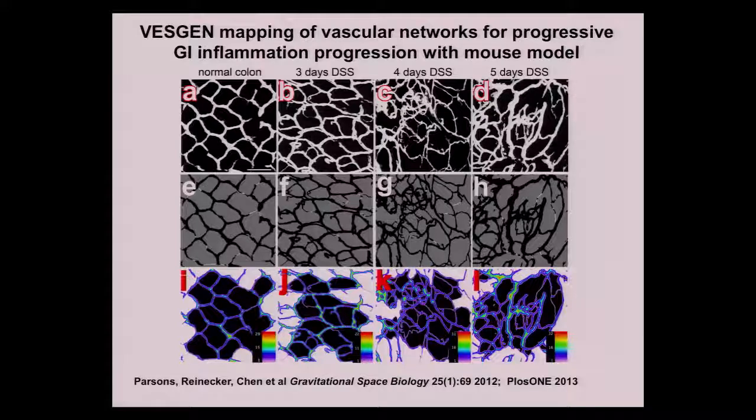So he sent us his images, and we have analyzed this with the network option of the VESGen, in which you can see clearly the increasing inflammation and really the increasing irregularity and disorder of our normally very regular vascular networks.